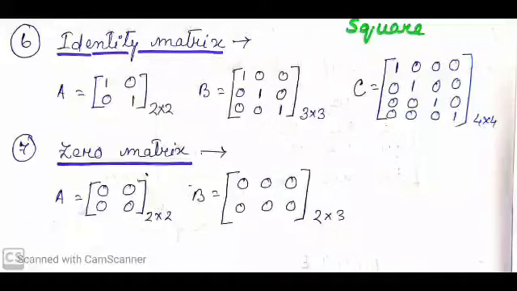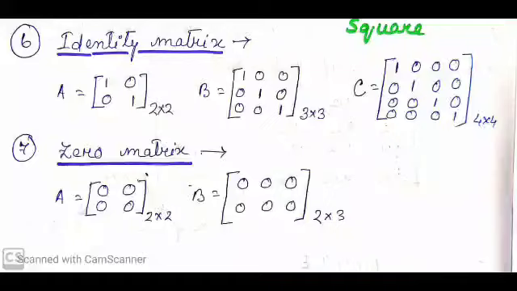In matrix B you see it is a 3 by 3 matrix with 3 rows and 3 columns and the diagonal elements are 1, 1 and 1. Same is there in matrix C. The diagonal elements are 1, 1, 1, 1 and the non-diagonal elements are 0. So an identity matrix is also a square matrix. That means in the identity matrix we should have the equal number of rows and columns.